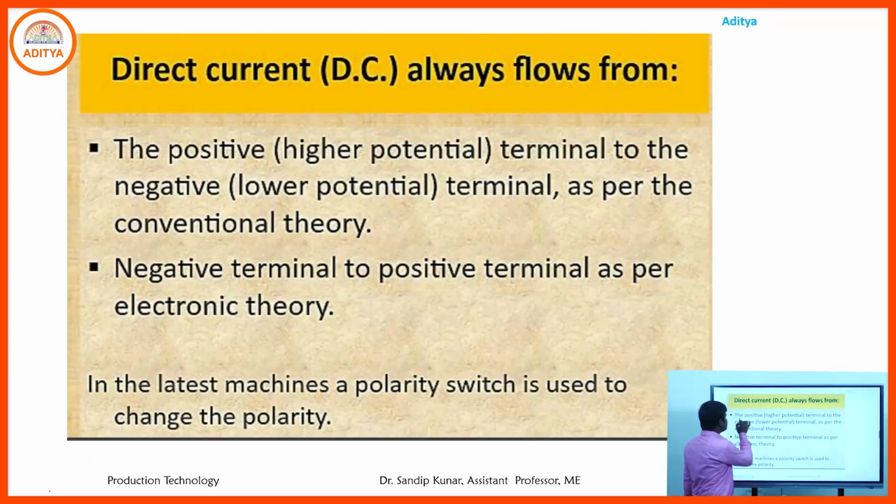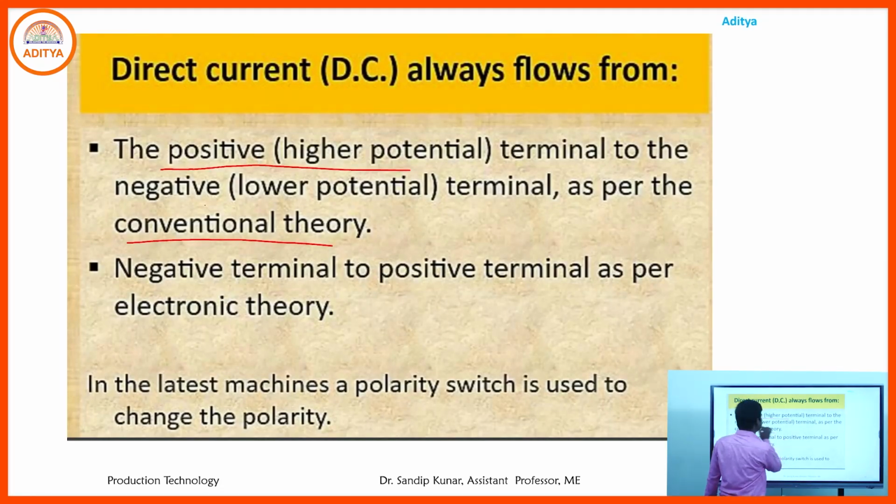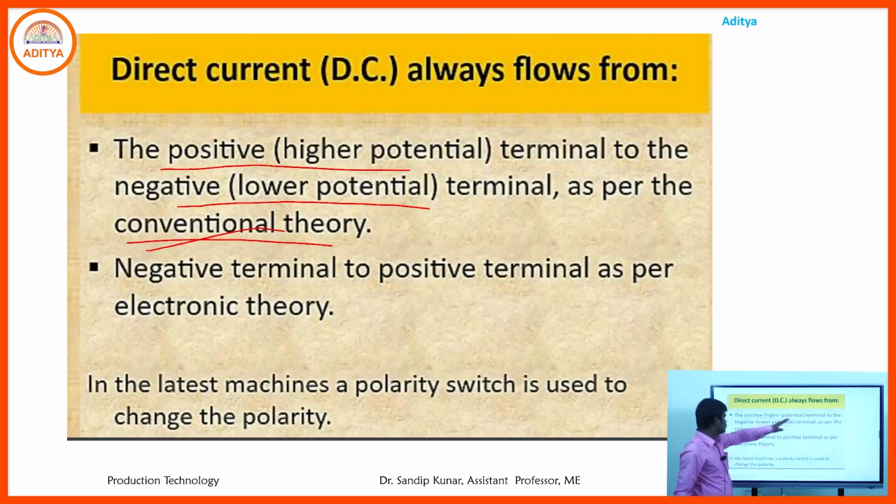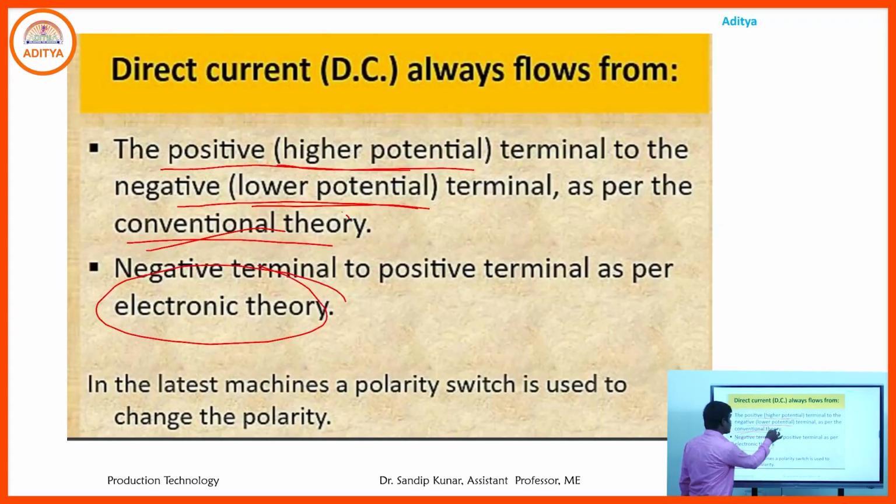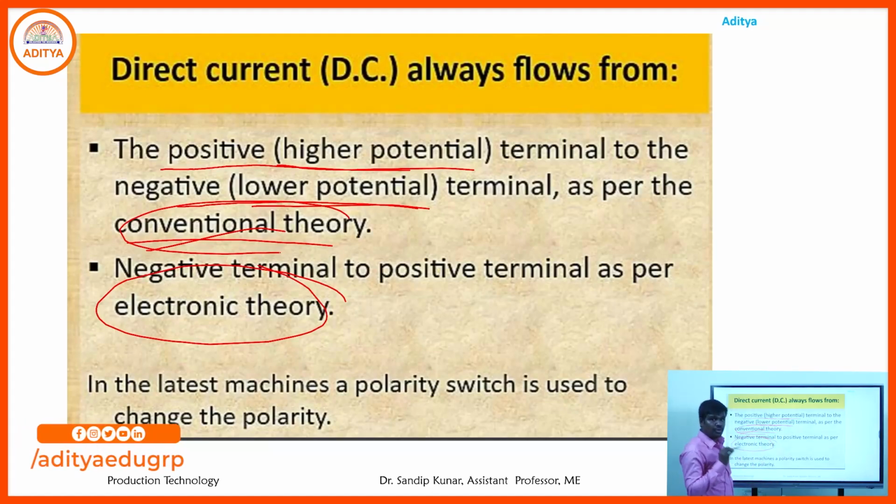As per conventional theory, current flows from the positive terminal to the negative terminal, meaning from higher potential to lower potential. As per electronic theory, the current flows from the negative terminal to the positive terminal.